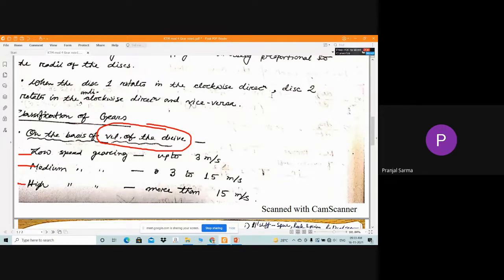For low speed gearing, the velocity of the drive is up to 3 meter per second, for medium speed drive it is 3 to 15 meter per second, and for high speed drive it is more than 15 meter per second. If that is the velocity of the drive, then we call it a high speed drive, high speed gearing.